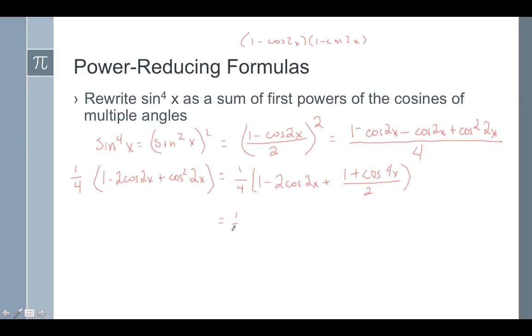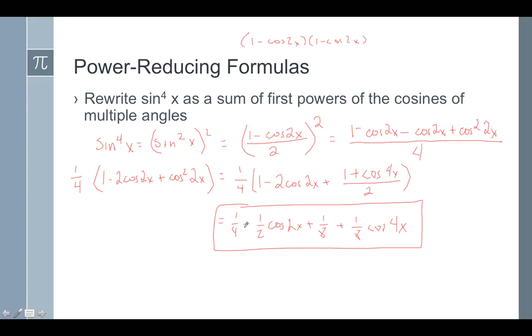So I get 1/4 minus 1/2 cosine of 2x plus, now you got to remember that this was 1 over 2, so it's 1/2 times 1/4 is 1/8. And the same thing goes for the next one. It's 1/8 cosine of 4x. And I would be very happy if you guys got it this far.